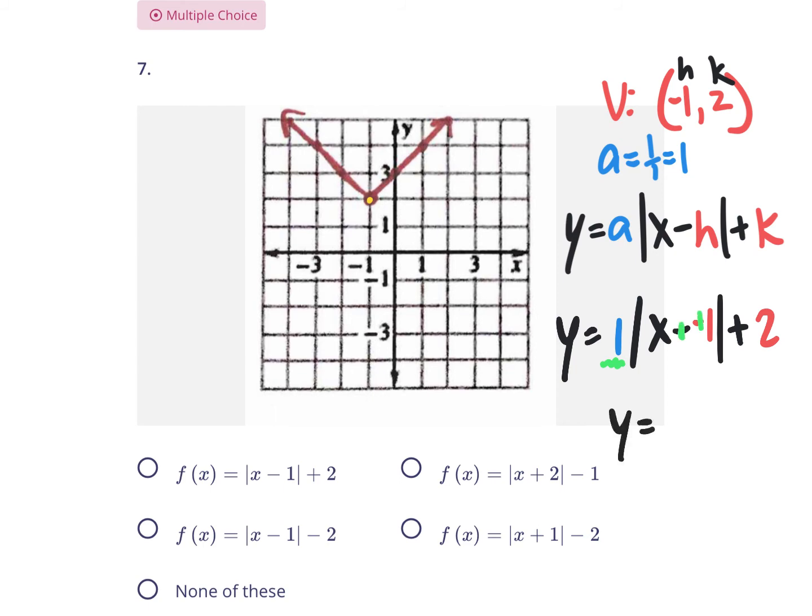So we have y equals |x + 1| plus 2. There is your answer. As you can see, when you look at the multiple choice answers, none of those match this. So this would be one of those where it's none of these. The none of these options do happen on the quizzes and on the practice test. Let's move on to number 8.